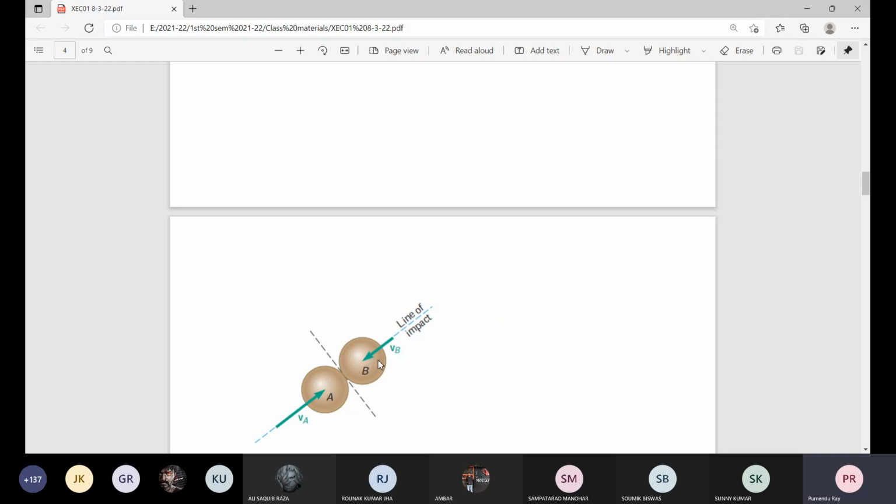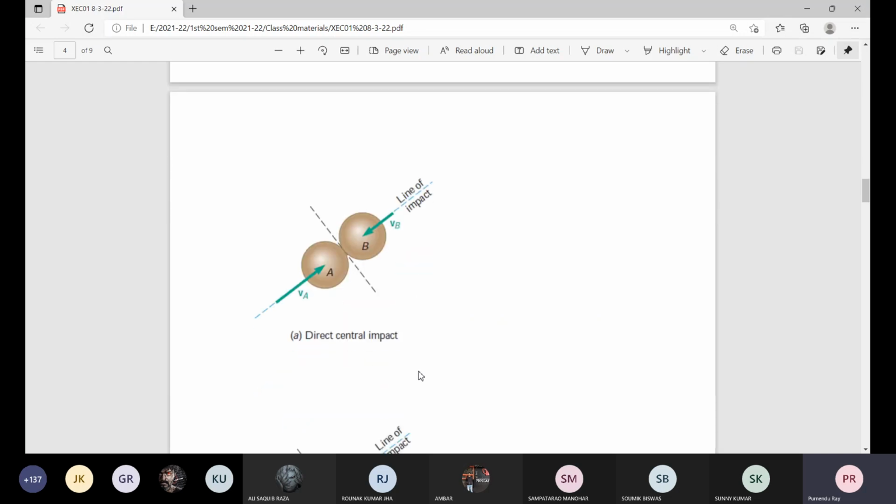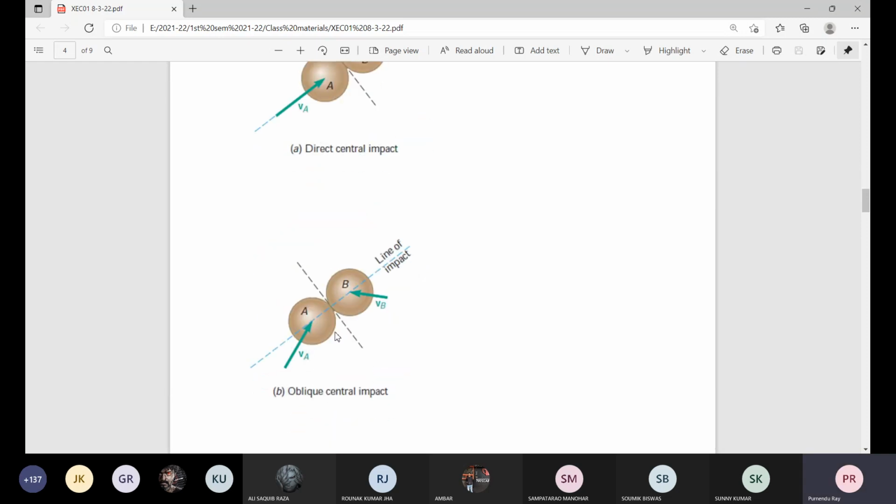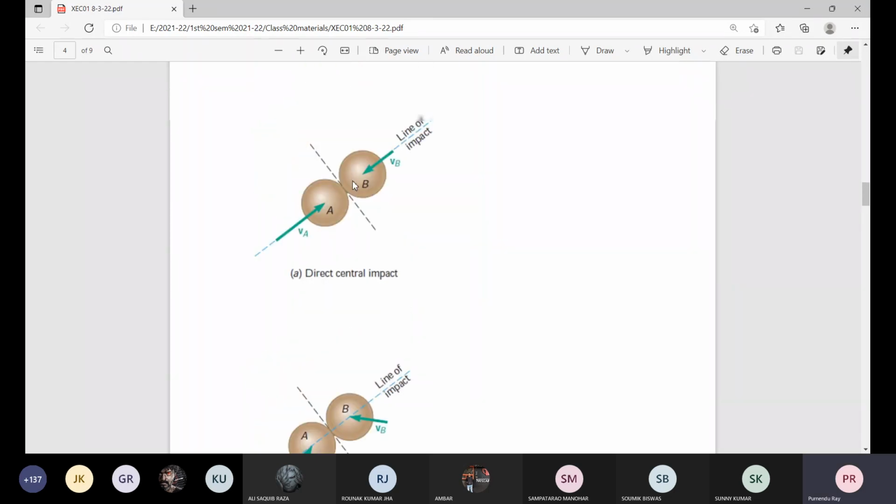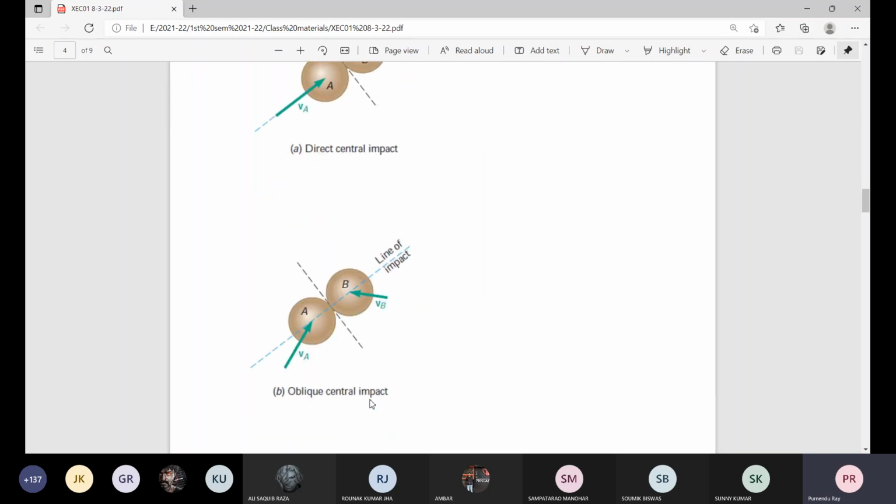Normally it is called central impact, direct central impact. And for the case where the velocities before impact are not along this line like the previous case, it is the oblique central impact.